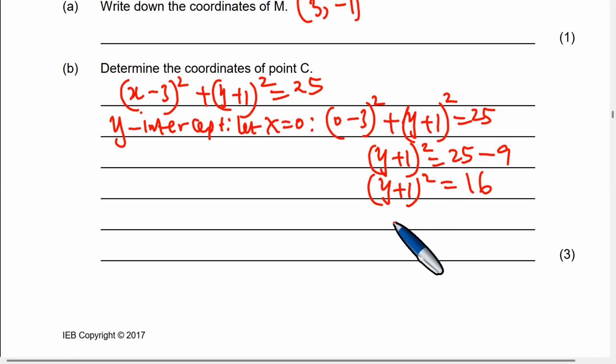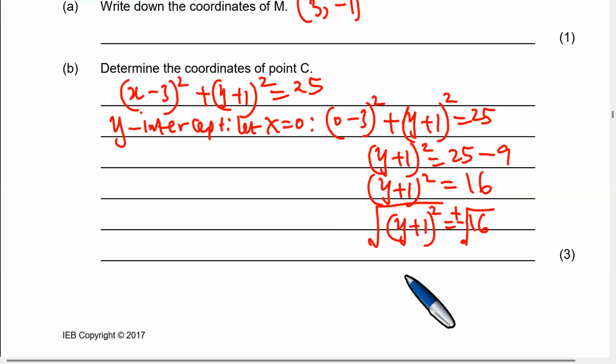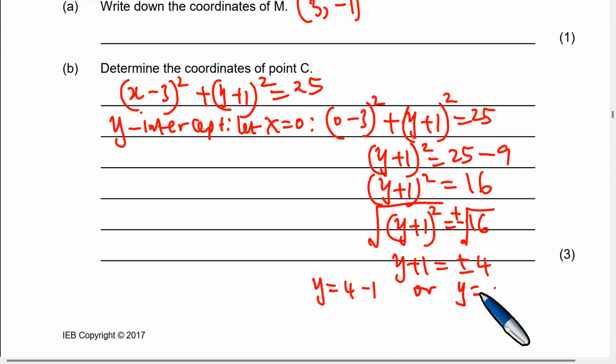So which means you have y plus 1 squared equals 16. Put the square root and then plus or minus, so y plus 1 is plus or minus 4. Which means y is equal to 4 minus 1, or y is, now you take the minus 4 and transpose the minus 1, giving minus 5, giving 3.